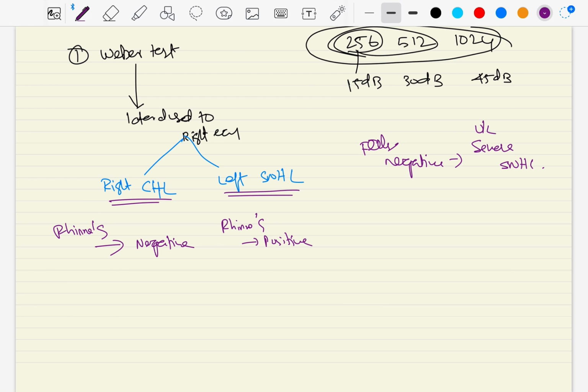There are other tests like the ABC test and the Schwabach test. These are used for sensorineural hearing loss, okay. Another test is the Gelle's test. But you need to know about the Gelle's test, okay.